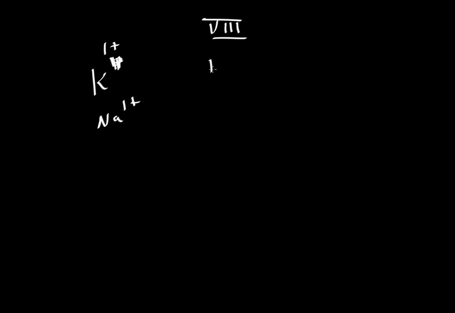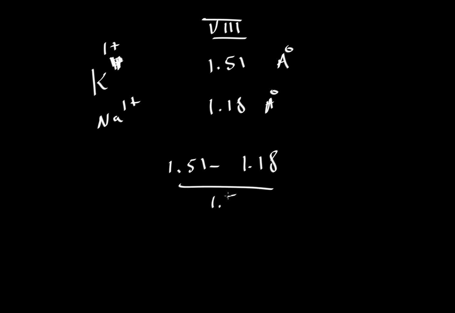So for potassium, it would have a radius of 1.51 angstroms, and sodium would be 1.18. And so if we take the difference of those, we'll just take the positive difference, 1.51 minus 1.18 divided by 1.51. So here potassium is our reference. We would get 0.218, which is equal to 21.8%.